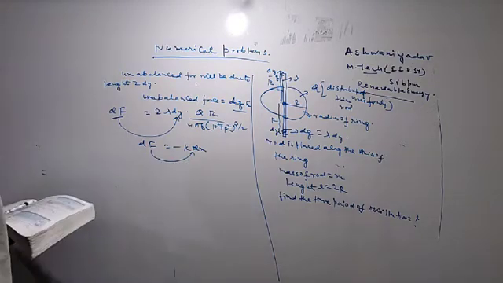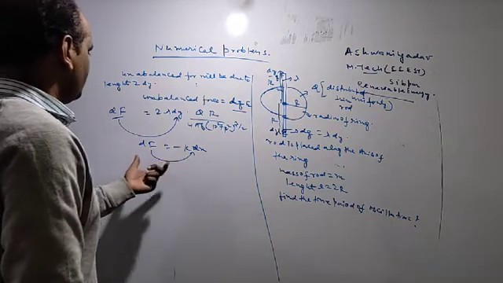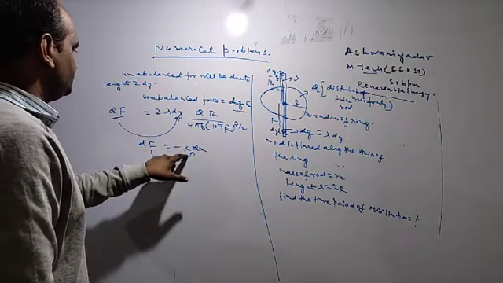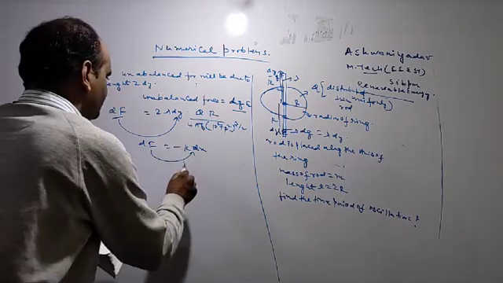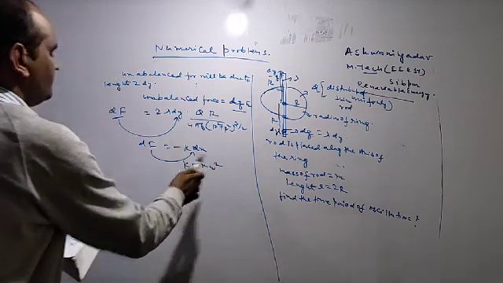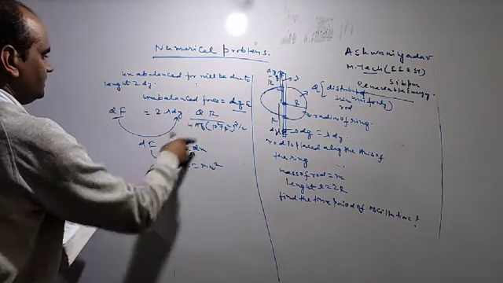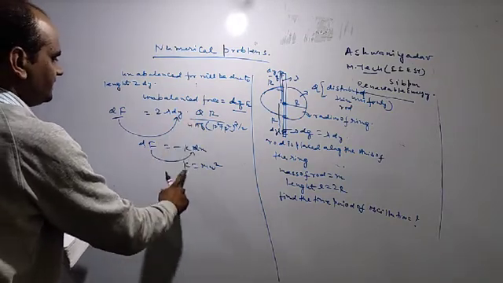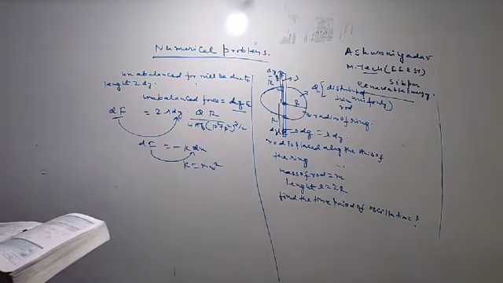Then the nature of the force will be restoring, because it is negative of displacement, and this is your constant. And this k is nothing but m omega square. So if you compare this equation with this equation, you can find k, and k is equal to m omega square, and you can find omega thereafter very easily.